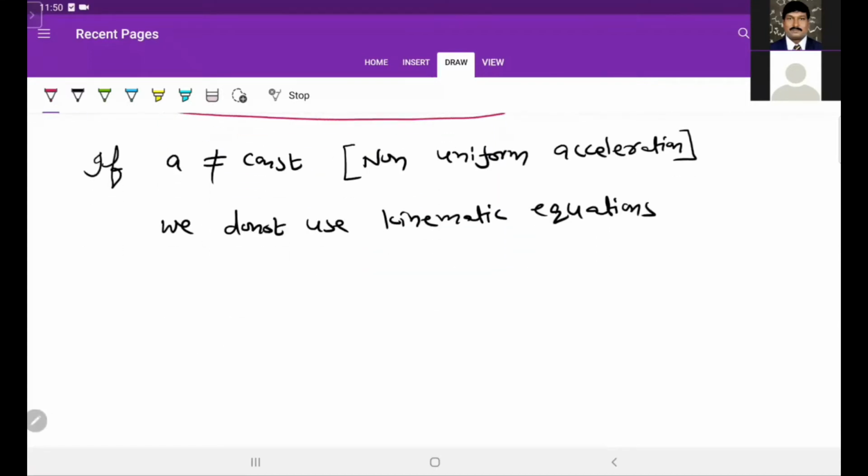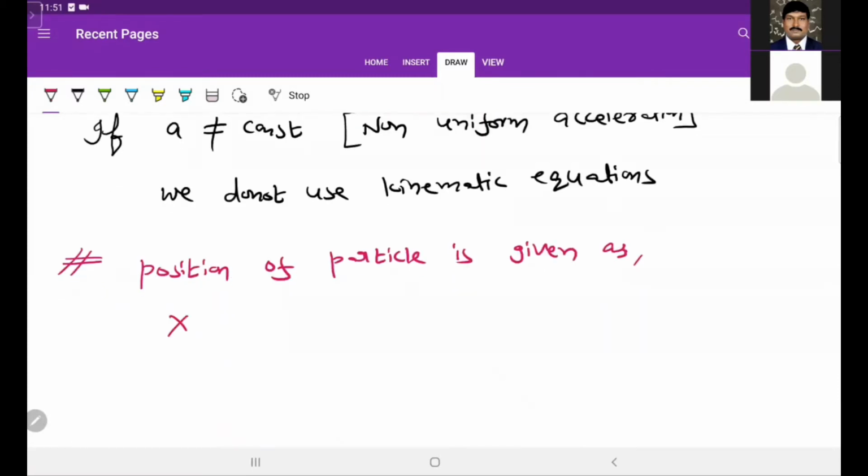Suppose an equation is given like this. Position of particle is given as x is equal to 5t square plus 4t plus 3.